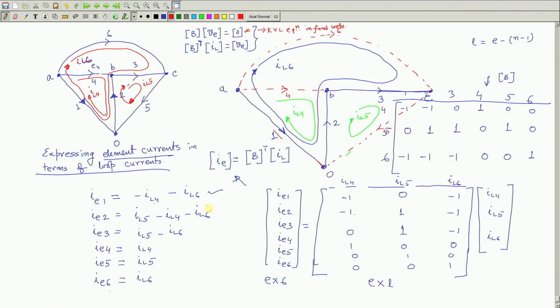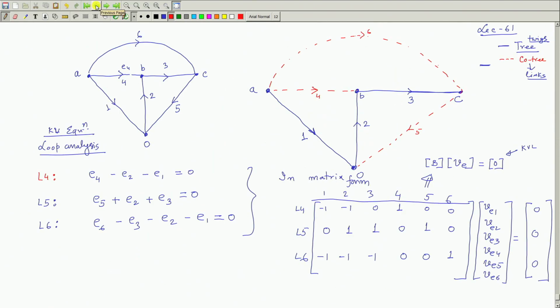Isn't it? B into V is the KVL equation in the fundamental loop. In fact, I did this here. The fundamental loops are 6 in number, and naming them is mere convention. L4 is one fundamental loop where only link 4 is present. L5 is another fundamental loop where only link 5 will be involved, and so on.